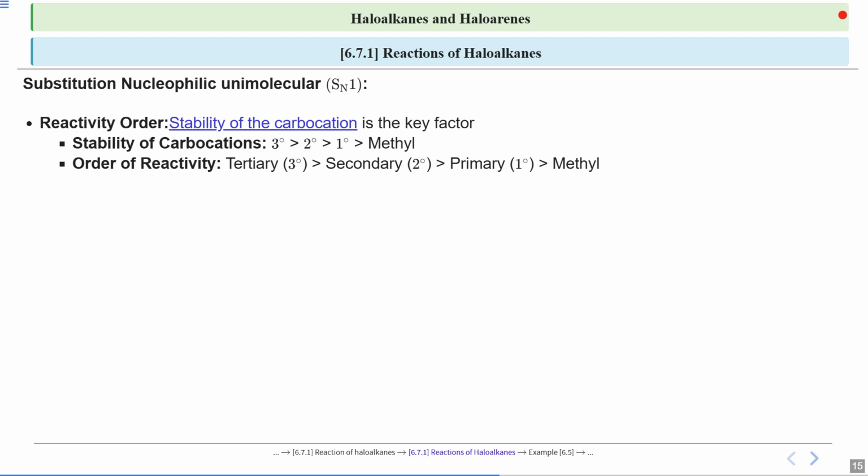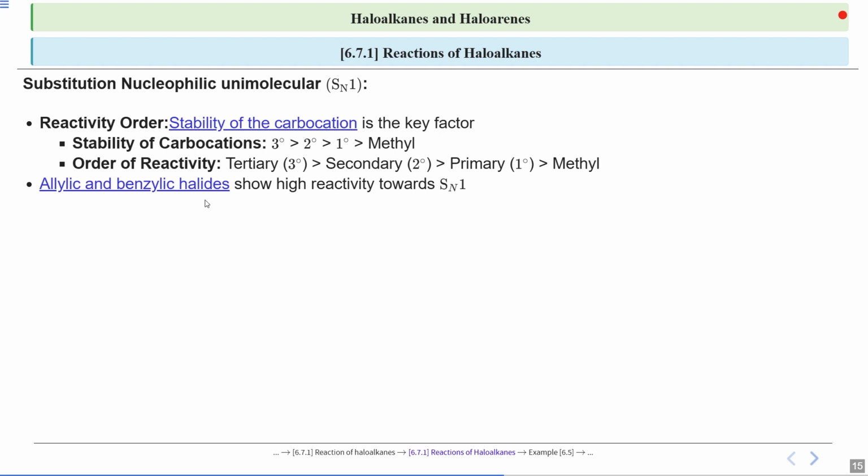If you are forming a stable carbocation, the rate will be higher and the reactivity improved, as with a tertiary carbocation compared to a primary one. This is the key factor.